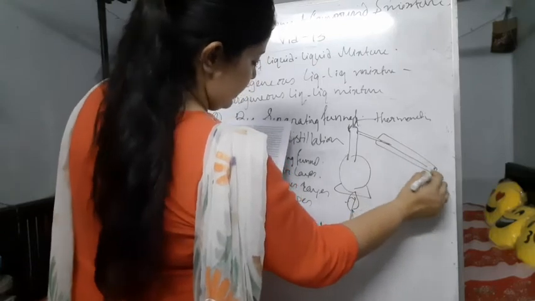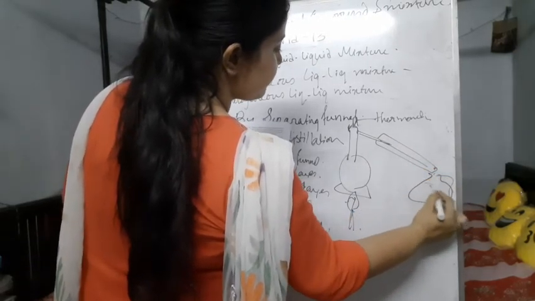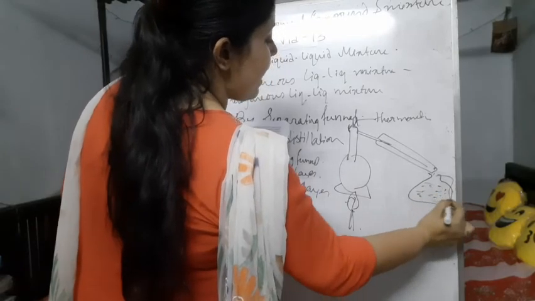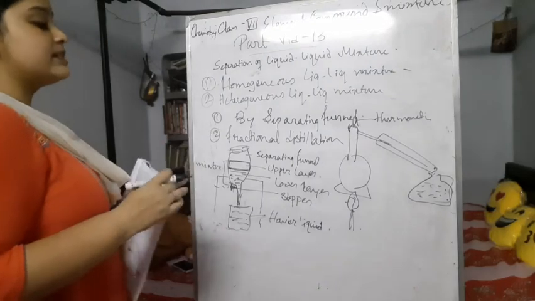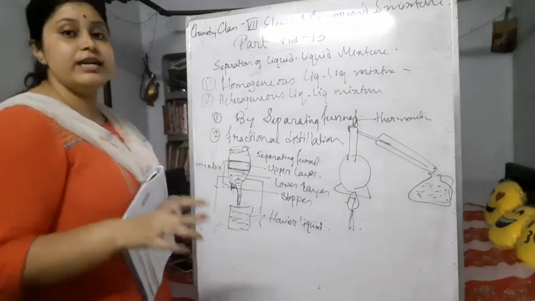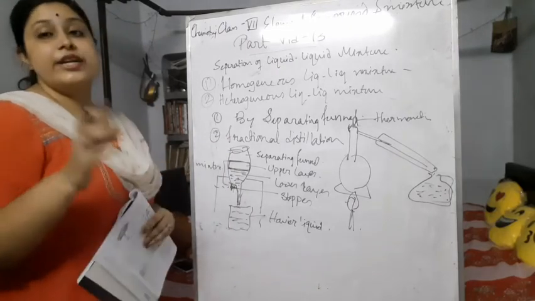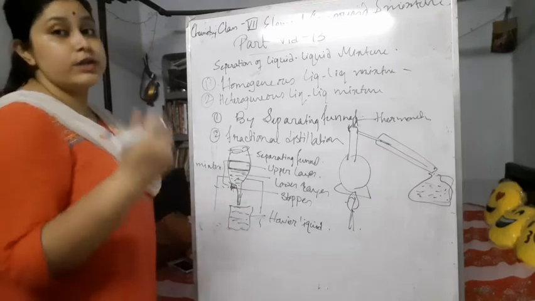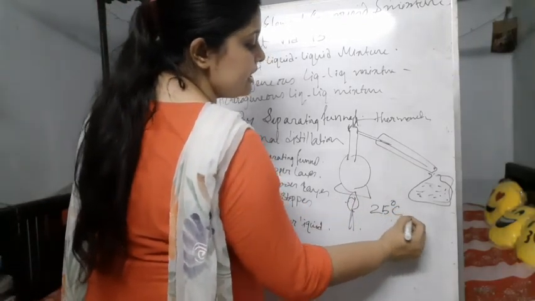Here one beaker is present, where we collect the other liquid. In this procedure, the boiling points of the two liquids are different. The difference between the boiling points of the two liquids should be at least 25 degrees Celsius.